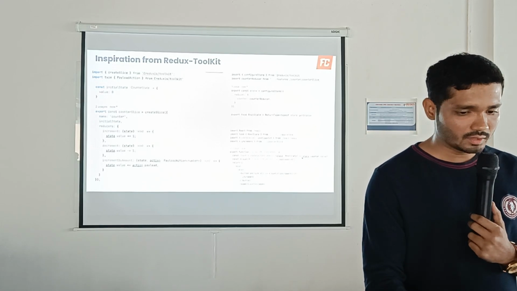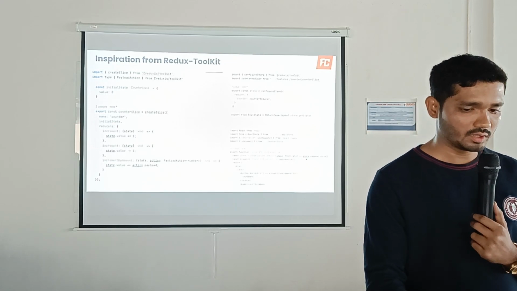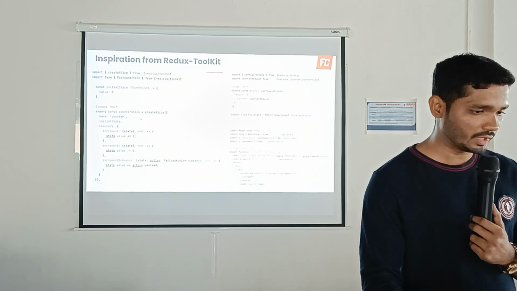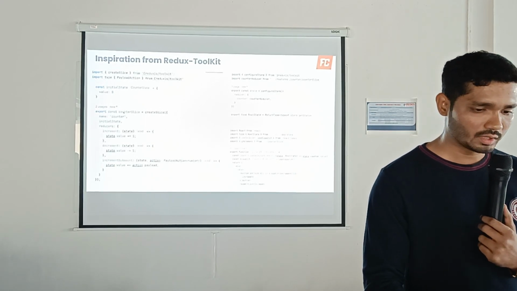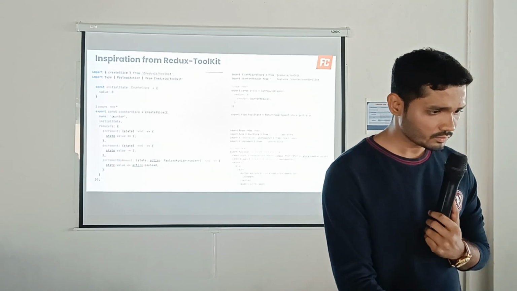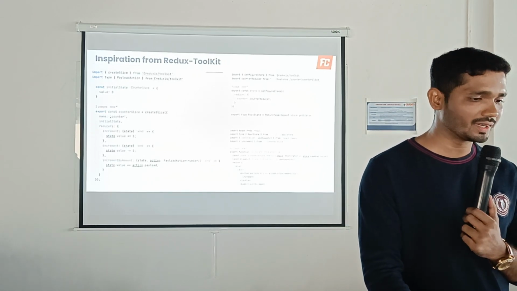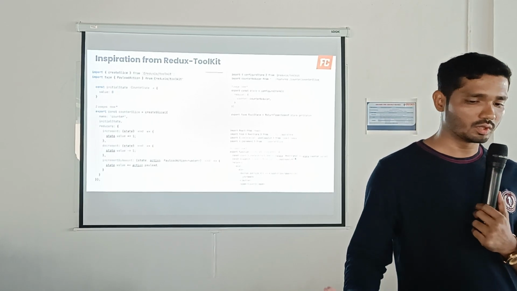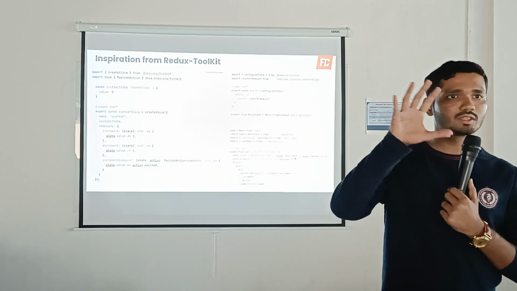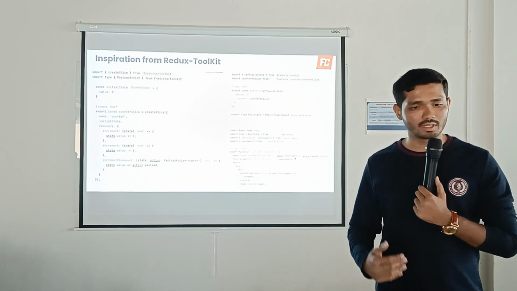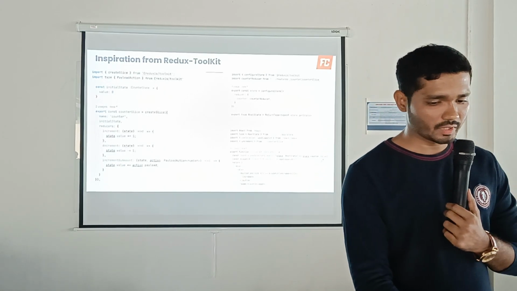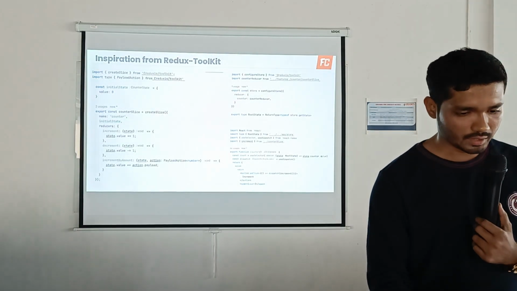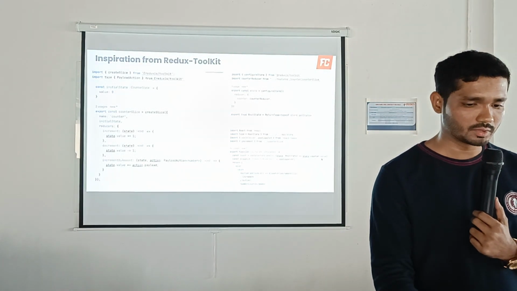Then again, here we are saying state dot counter when we shouldn't have to. We already know that the slice we are using is named counter. Here I am getting the whole root state, basically the whole Redux state, and then I have to extract the specific value which I wanted from that whole global state, right? And this is not very helpful.